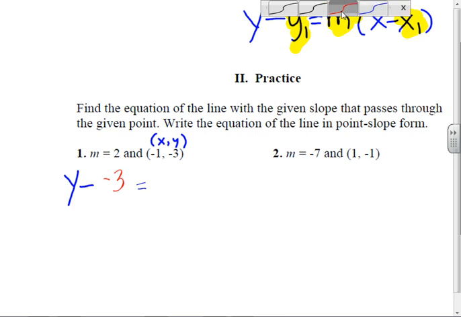What's the slope there? Not negative, 2. And then it's x minus, what's the x value? Now don't get this minus confused with that minus. They're not related at all. What's the x coordinate? It's not 1, it's negative 1. Can we simplify that at all?